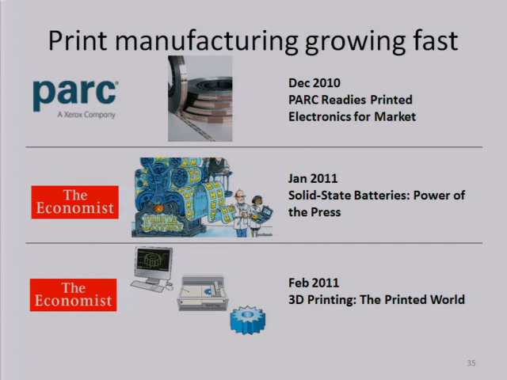The January issue of The Economist had "Solid-state batteries, power of the press," talking about printing batteries. Unfortunately, they forgot to mention us, but that's all right. They will in the future. And here's an article from last month's issue of The Economist, talking about 3D printing, the printed world.